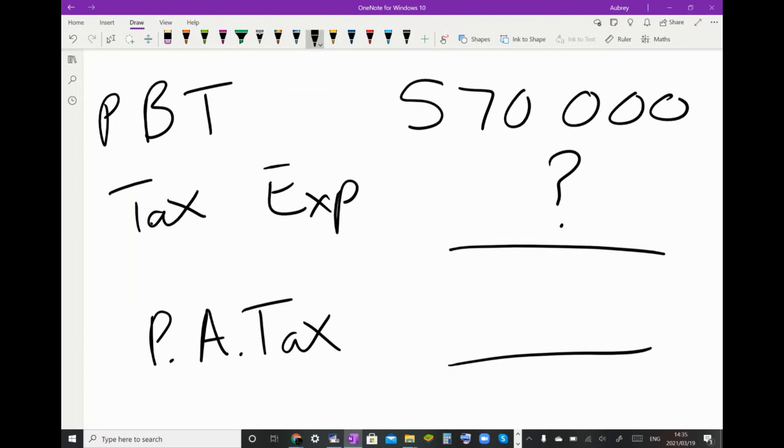How do we calculate our tax expense? We spoke about our tax rate when we were going over the theory. Who knows what our corporate tax rate is? Yeah, it's 28%. Can you see they didn't tell you that anywhere in the question?